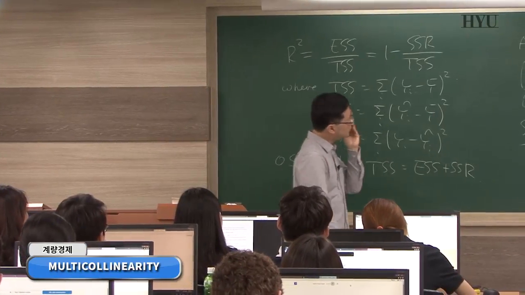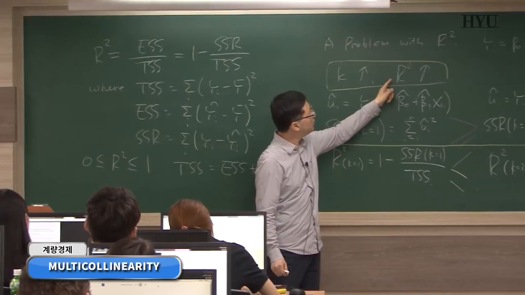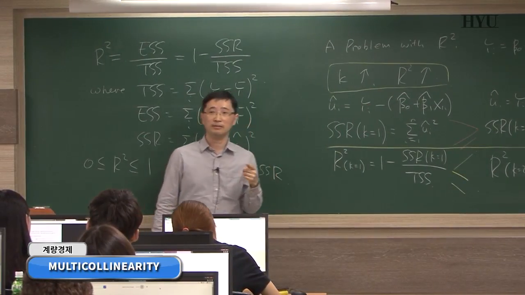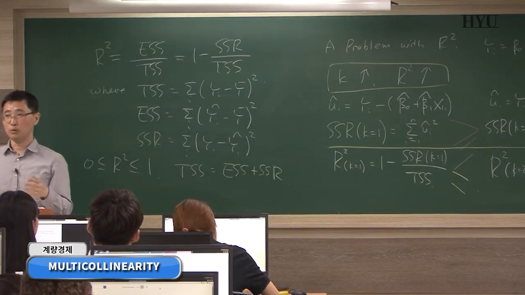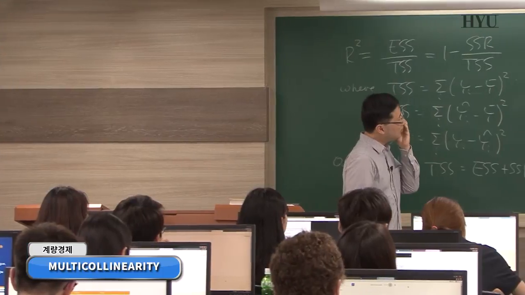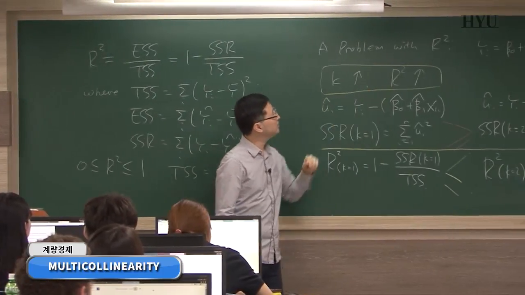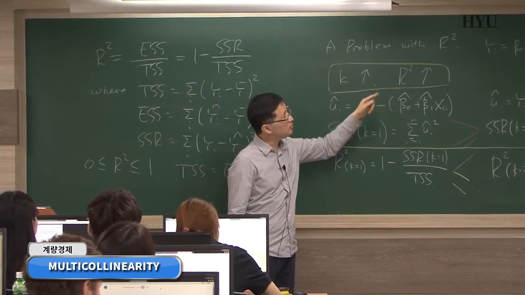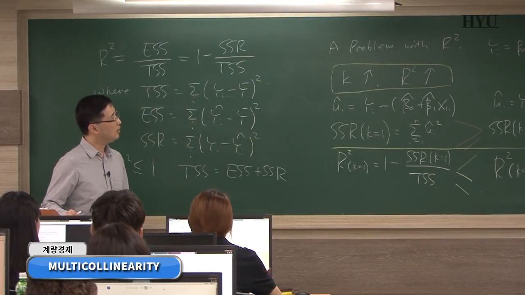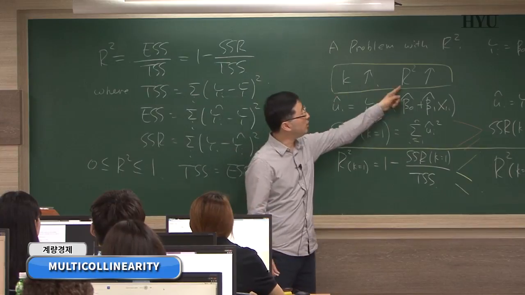Some people actually try to manipulate their regression by putting in more x's, although it has no meaning. That's very dangerous, so we don't want to do that. Sometimes people just develop that kind of tendency, although it's not very wise, or sometimes people try to fool others.